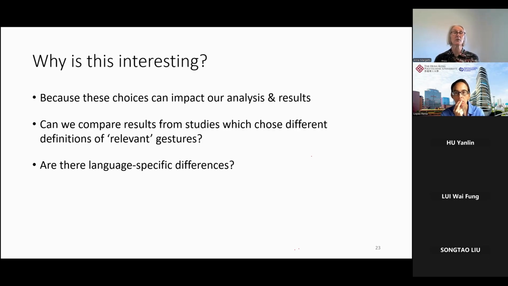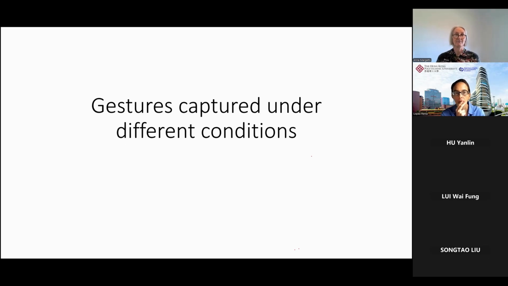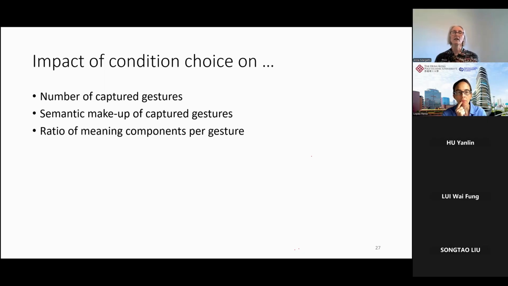That was the reason why we conducted this test. So, the gestures captured under the different conditions. We looked at the impact of condition choice on the number of captured gestures. More interestingly, on the semantic makeup of the captured gestures, so the meaning components represented in the set we work with in the end, but also the ratio of meaning components per gesture.